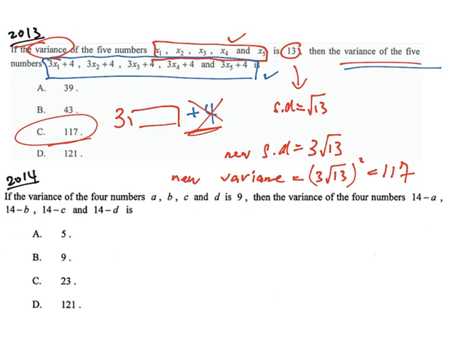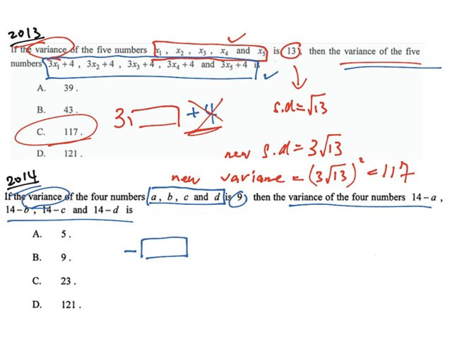Okay. Next, I give you 2 minutes. Try to finish question 2014. Okay, let's check it. This time we have one data set, A, B, C, D. The variance is 9. And then what is the new variance of this? Actually, you can compare. We take the old data set, multiply by negative and then plus 14. As I said before, adding something, no change.